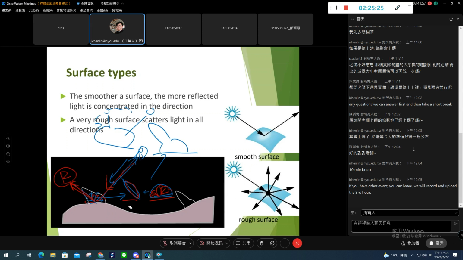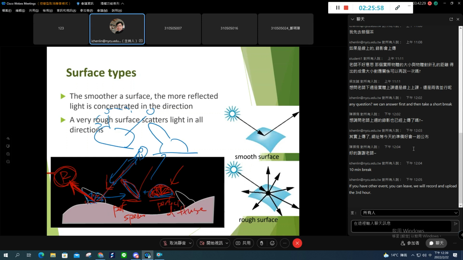This kind of ray actually comes from the perfect specular, because it is mainly reflected in the perfect reflection direction. And this dome shape is a reflection in all directions, so it is actually derived from the perfect diffuse.